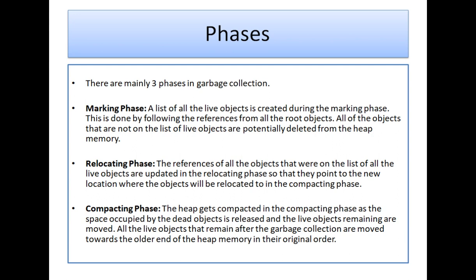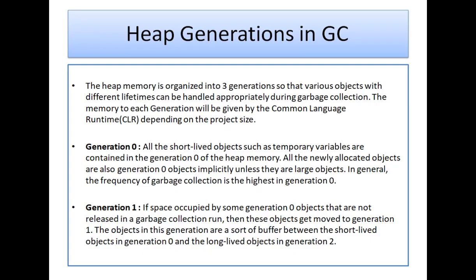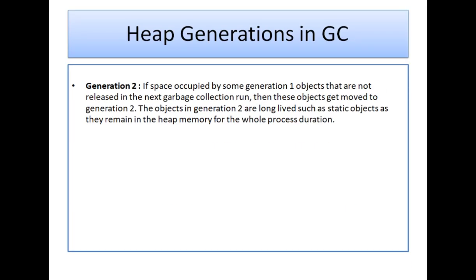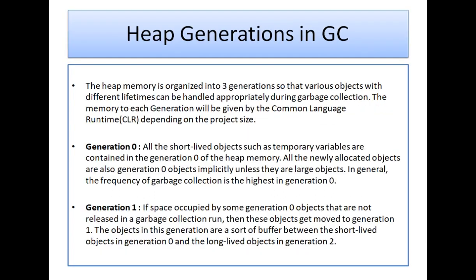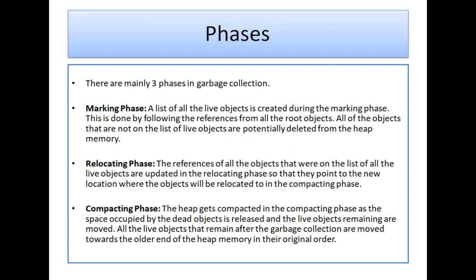Okay, phases. Before starting with this particular slide, first let me tell you about the heap generation. There is something called a heap generation in garbage collection. First understand this thing. If you understand what a heap generation in garbage collection is, then you will easily understand what all the phases garbage collection has.